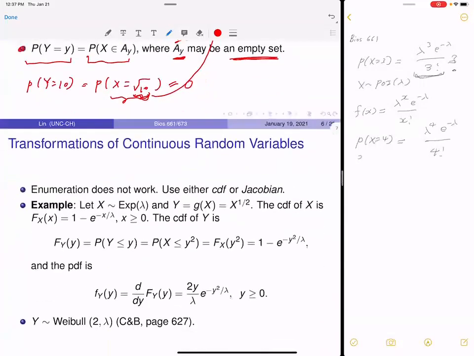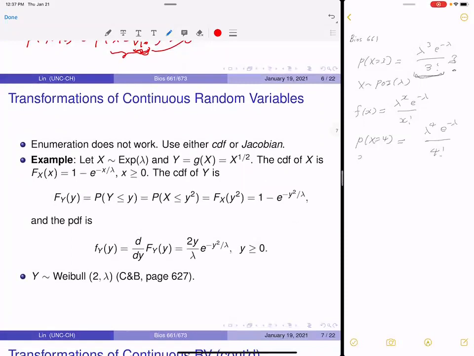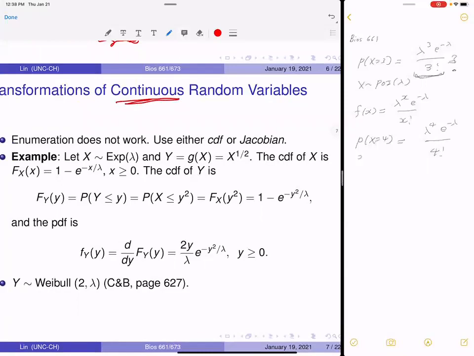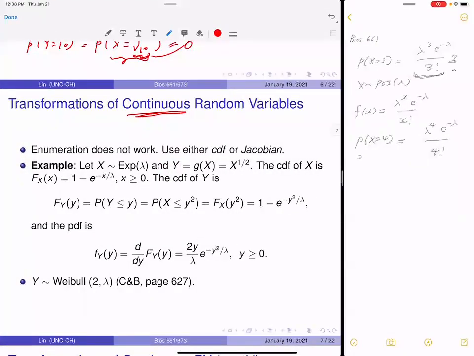Okay, so life in the discrete distribution is really easy, but life with continuous random variables is not. And unfortunately, the majority we are going to deal with in the future is about continuous random variables. Okay, good. So if we really want to deal with continuous random variables, what kind of skill do we need to have to solve for the distribution?